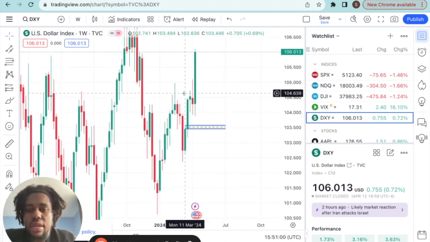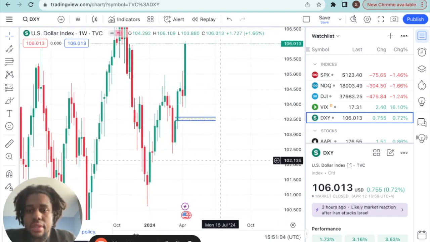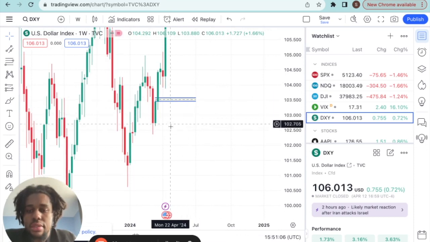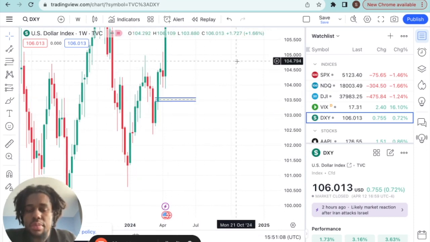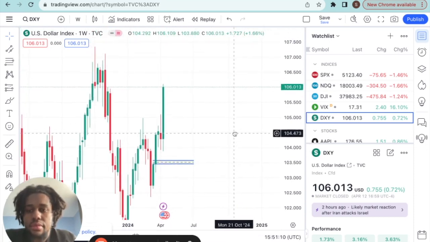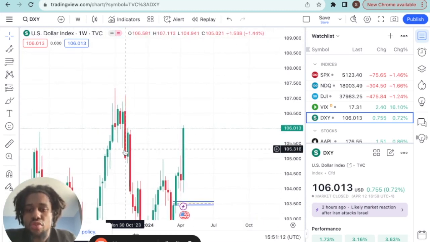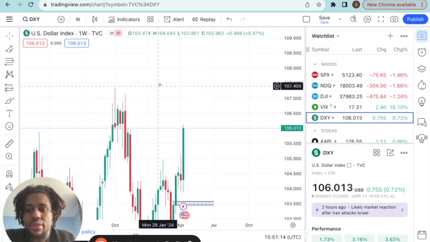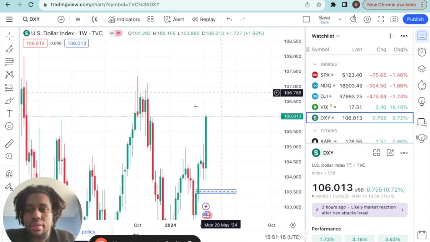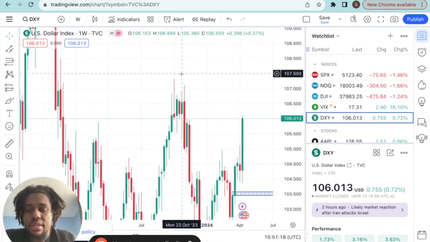Also have this weekly bullish order block right in here, and this weekly bullish order block right in here. And it looks as though the drawn liquidity is up here, right? Taking this intermediate term high.